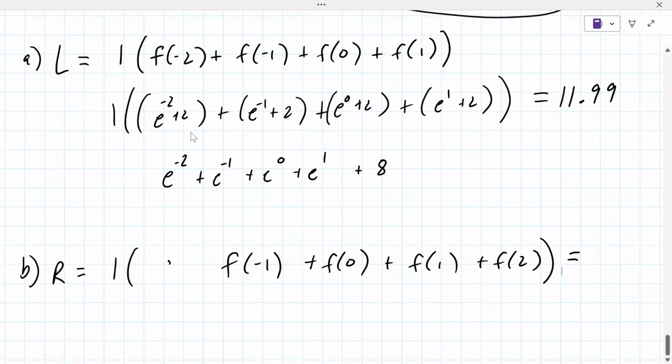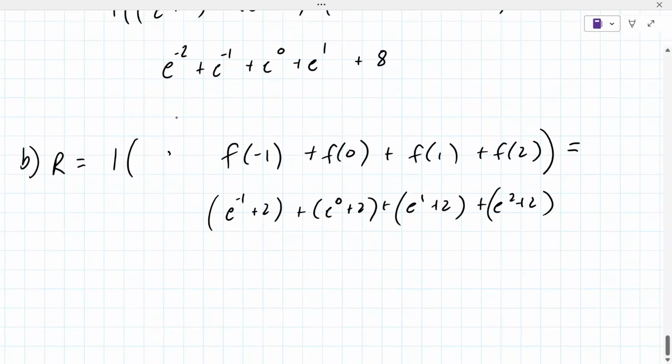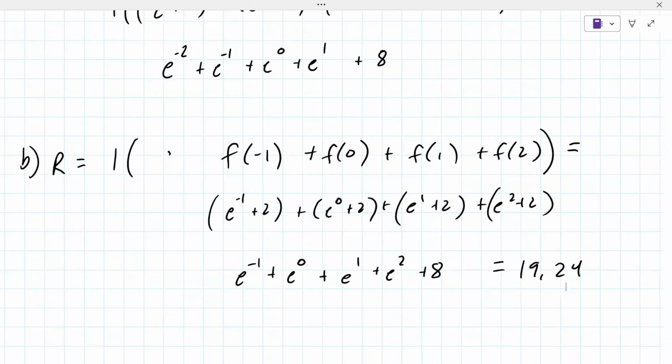You're just dropping out this first one, but it's e to the negative 1 plus 2, e to the 0 plus 2, e to the 1 plus 2, e to the 2 plus 2. So that simplified version is e to the negative 1 plus e to the 0 plus e to the 1 plus e to the 2 plus 8. And I get 19.24 for that.